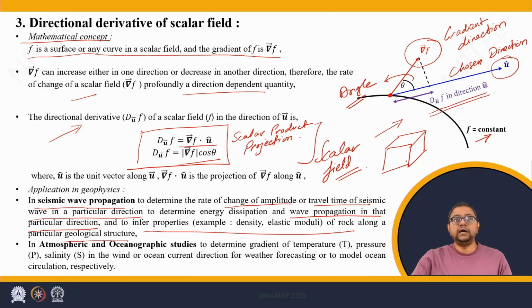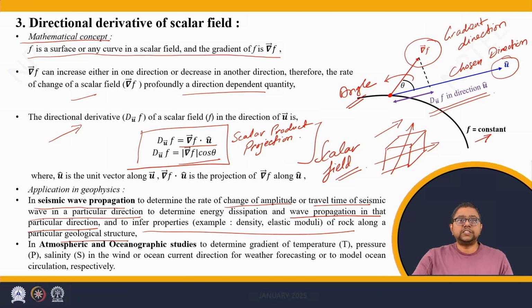For example, if this is a rock sample, its density may be different along different directions. This can happen because the rock may be composed of various combinations of minerals having different density. It may be important to understand the density variation along particular directions.